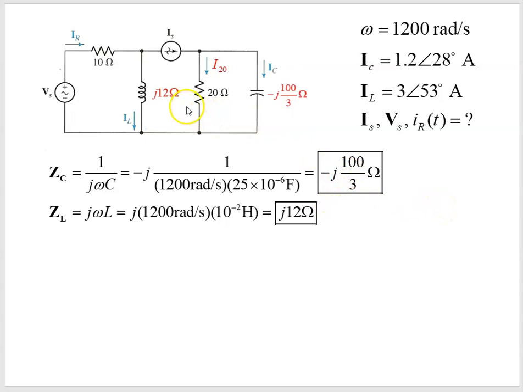So we can take this circuit, analyze it at 1200 radians per second, and put in the exact impedance associated with the capacitor and the exact impedance associated with the inductor.